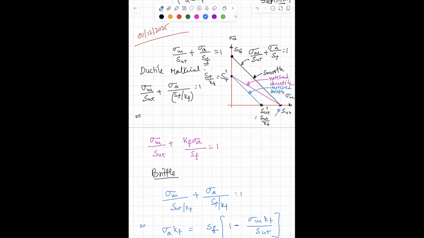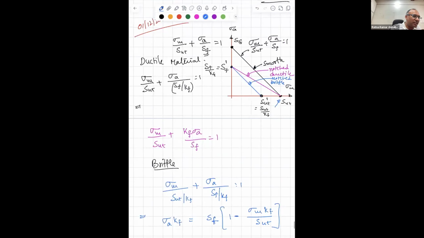So that's why you need not account for that. But if it is a brittle material, there is no plastic deformation whatsoever, and hence the fatigue stress concentration factor will have significant influence on that. Okay, sir. Got it. Thank you.